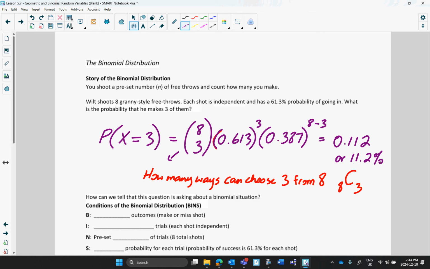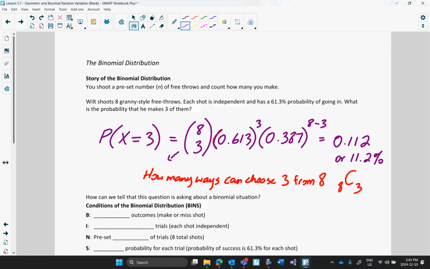Maybe this doesn't matter. But on the previous question, P(X = 3) represented... We're talking about 2 completely different distributions. So P(X = 3) represented making it on the 3rd try. But on this one, it's making 3 of them out of a fixed number that you're given. So it doesn't have a set meaning.